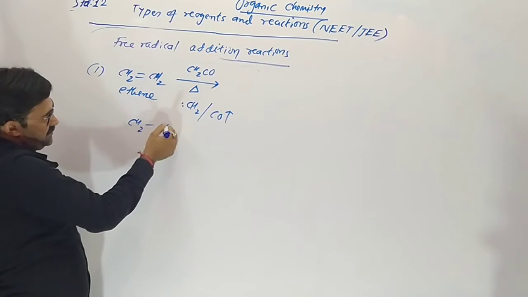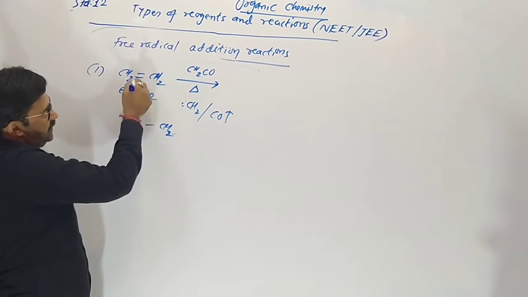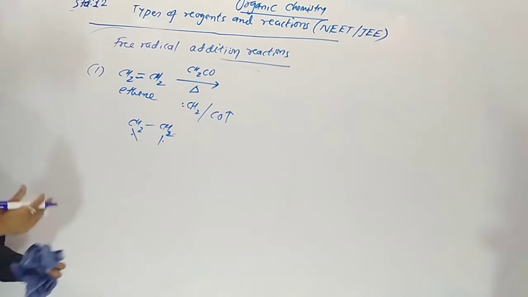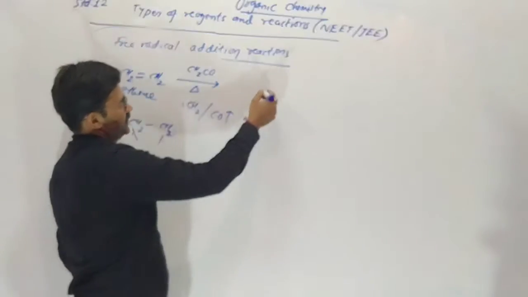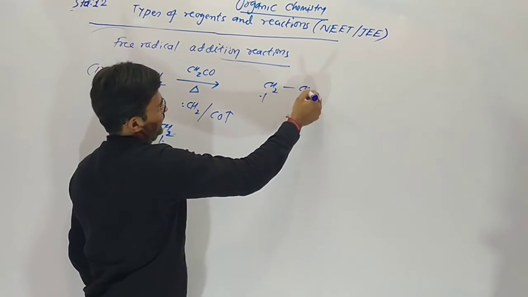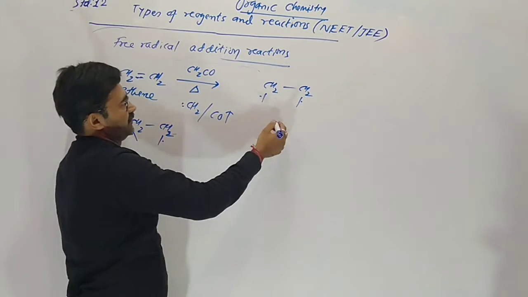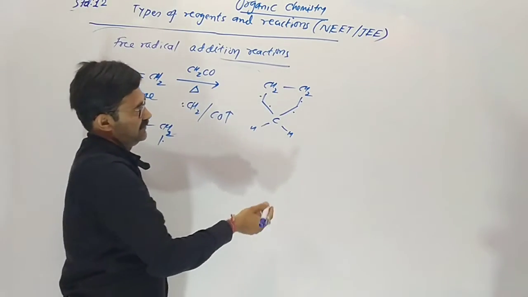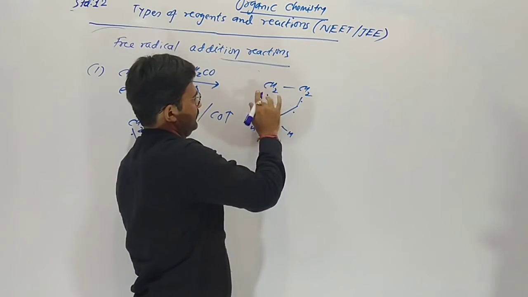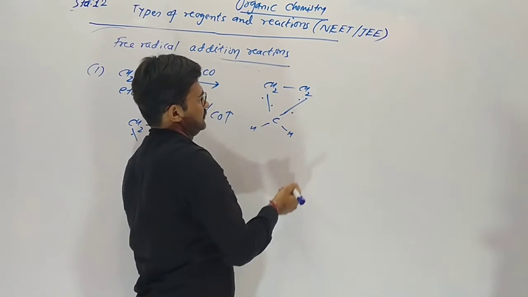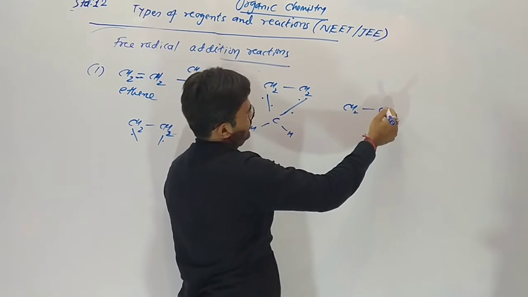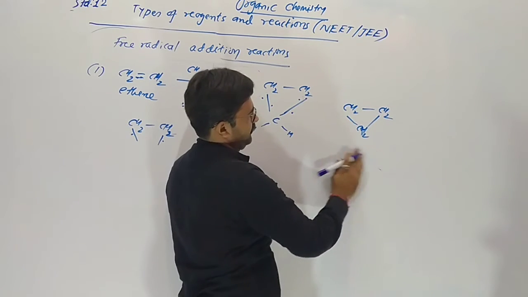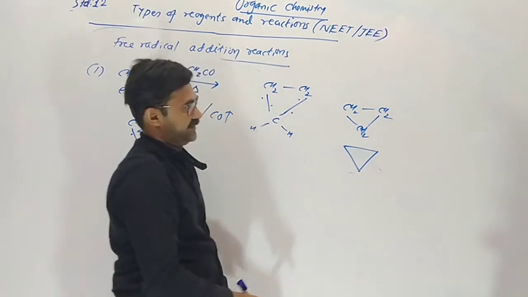Here the pi bond breaks, so both carbons gain one electron each. So here both carbons are now free radicals. The carbene carbon is already a free radical. It has two electrons, one here, one here. So you can see CH2, CH2, CH2 means cyclopropane. It is cyclopropane.